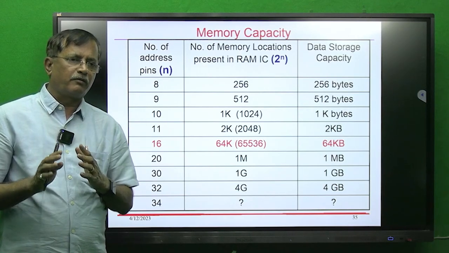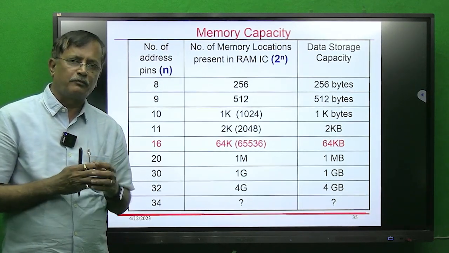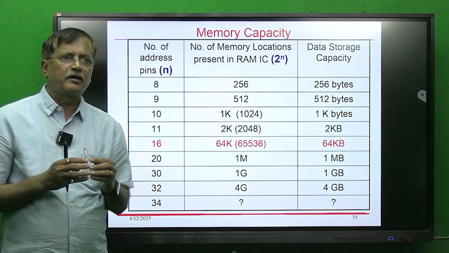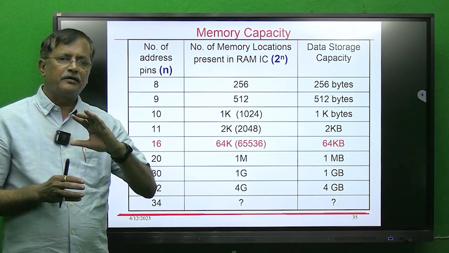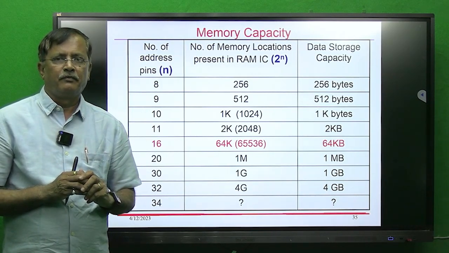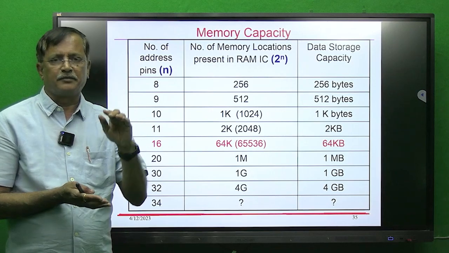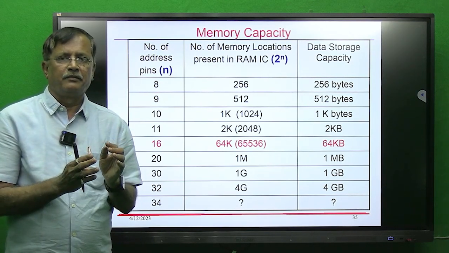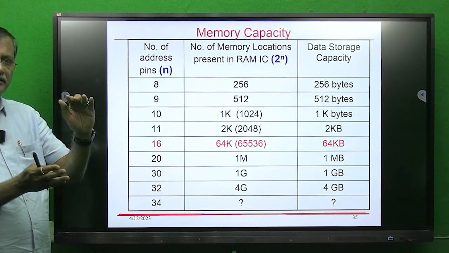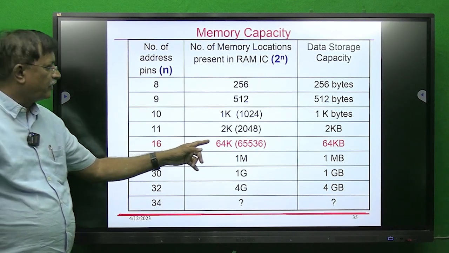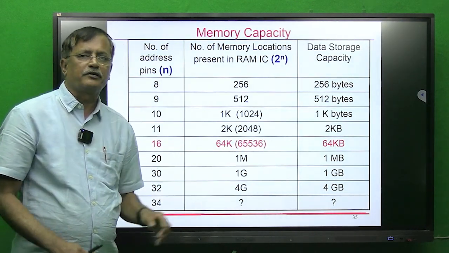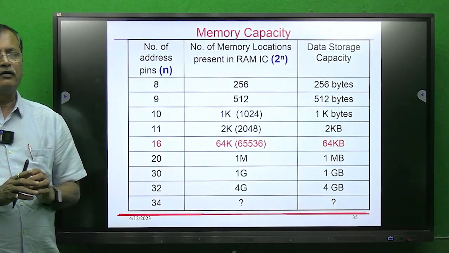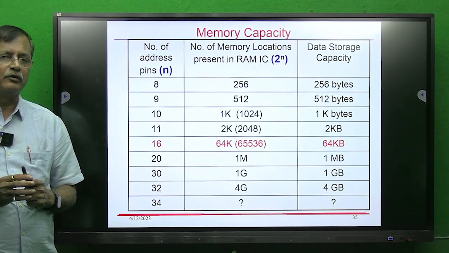When you talk about the initial processors, like the 8085, the addressing capacity was 16-bit. So there were only 16 address pins. So it cannot give an address of more than 16 bits. So 16-bit was the maximum limit. So it had a memory capacity of 64 kilobytes only. You cannot store data more than 64 kilobytes.